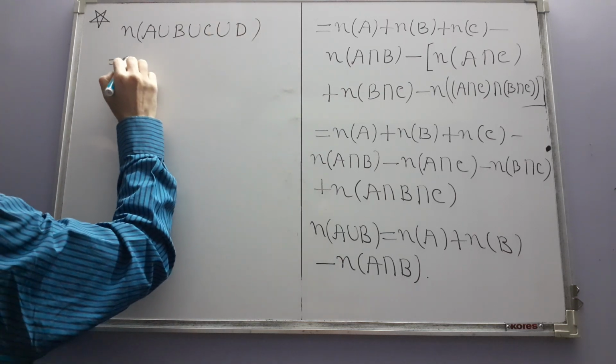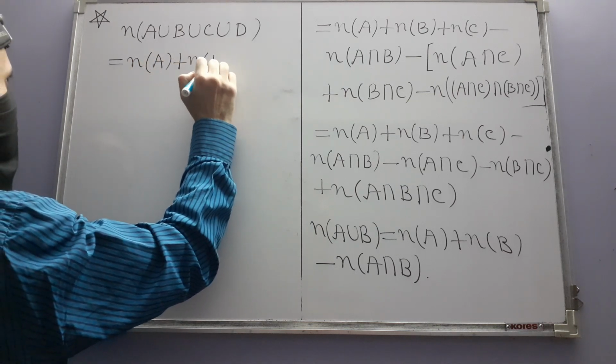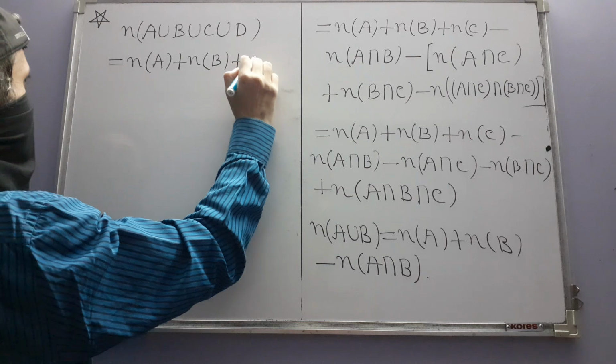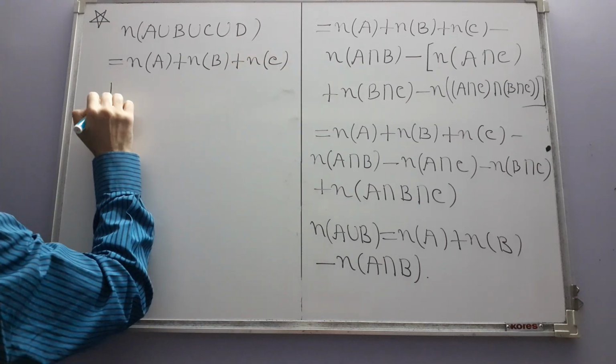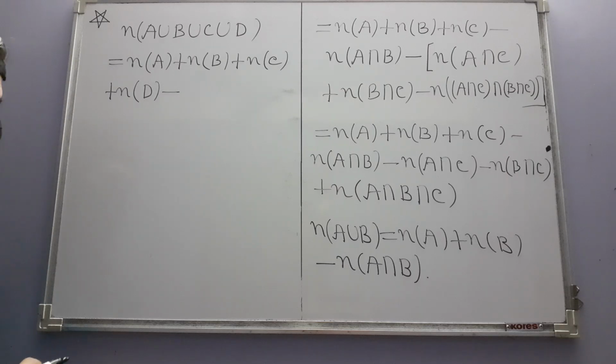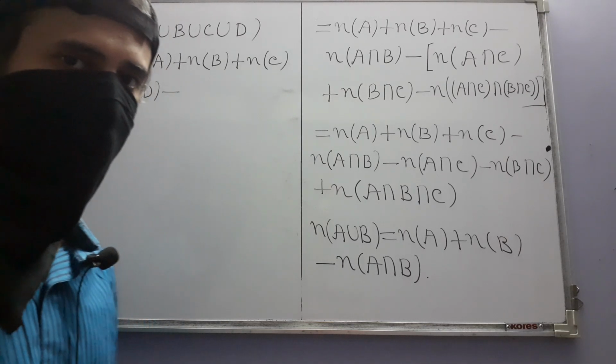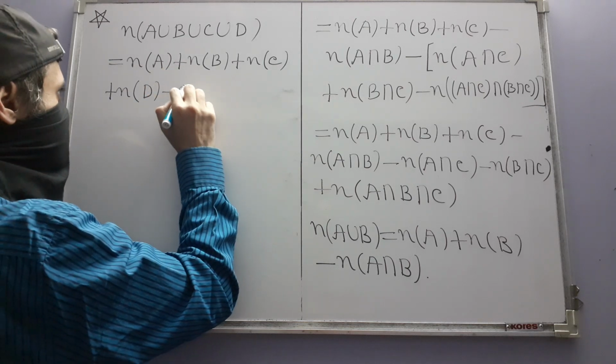First I write these individual sets, their numbers of elements and the sum of those numbers, then minus. I next consider intersections taking any 2 sets at a time, all possibilities.